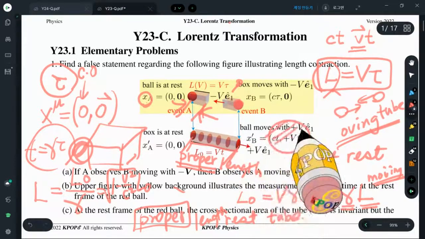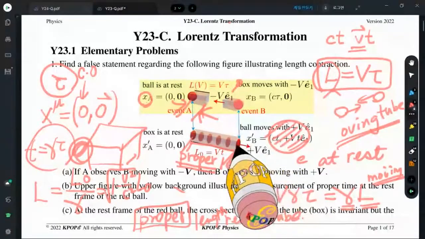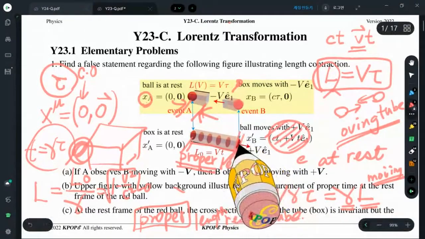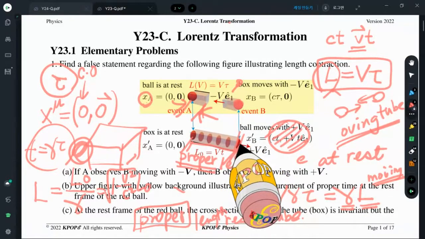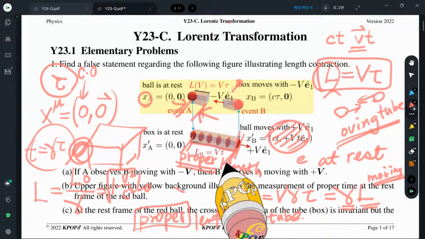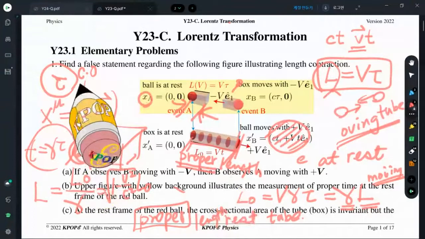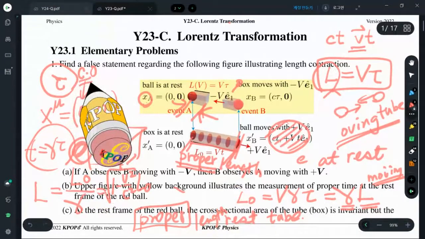Sure, the cross-sectional area is the same, but along the direction of motion, its diameter has been shrunken by a factor of 1 over gamma. That is less than 1. So the length contraction is the direct consequence of speed of light invariance. So length contraction and time dilation, they are equivalent.